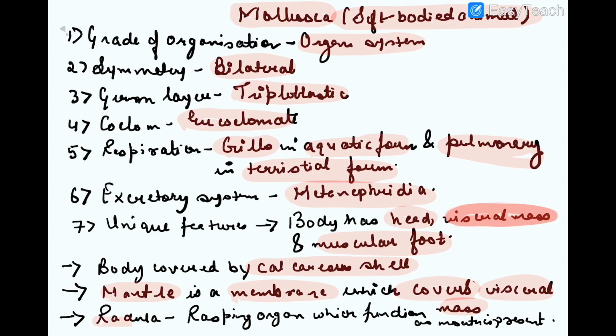Mollusks have a radula, which is a rasping organ that functions as the mouth of the mollusk. Examples of mollusks are Pila, that is apple snail, and octopus, which is known as devilfish.